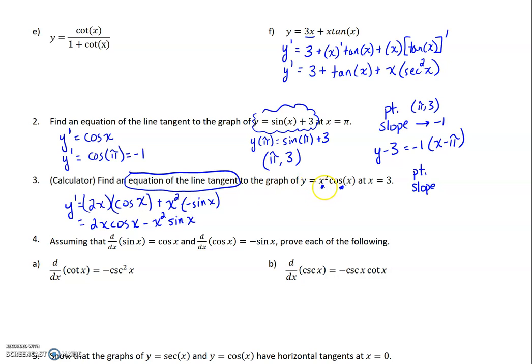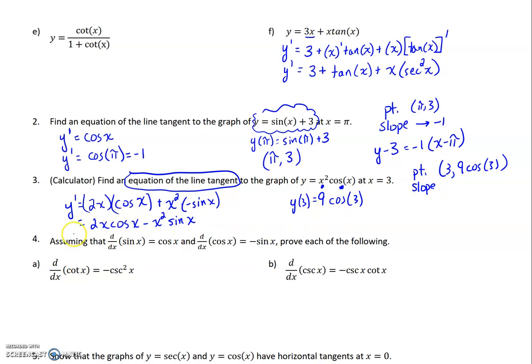We need two things. We need the point and we need a slope. So I need y of 3, I should say. It's going to be 3 squared, or 9, times the cosine of 3. So our point is 3 comma 9 cos 3. Ugly. Then we're going to take the slope. Our slope's going to be even uglier.